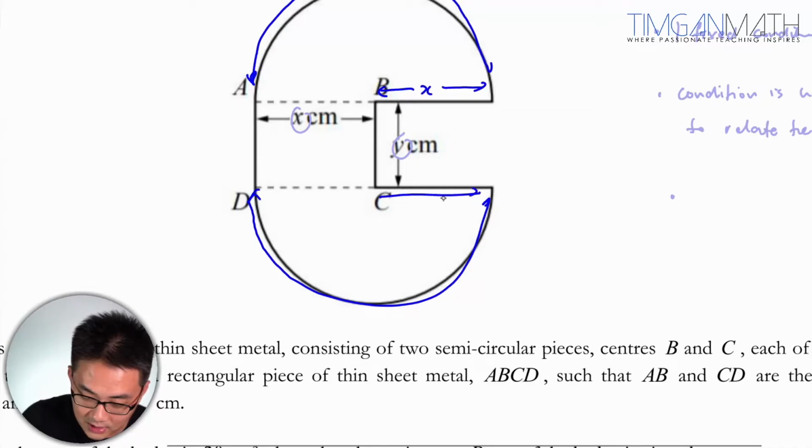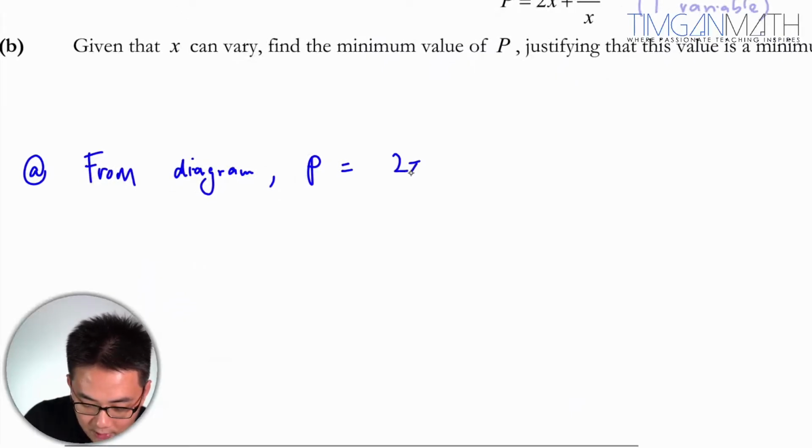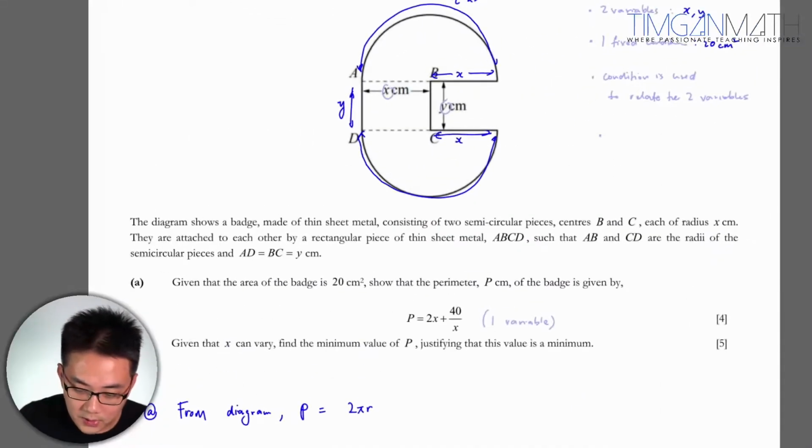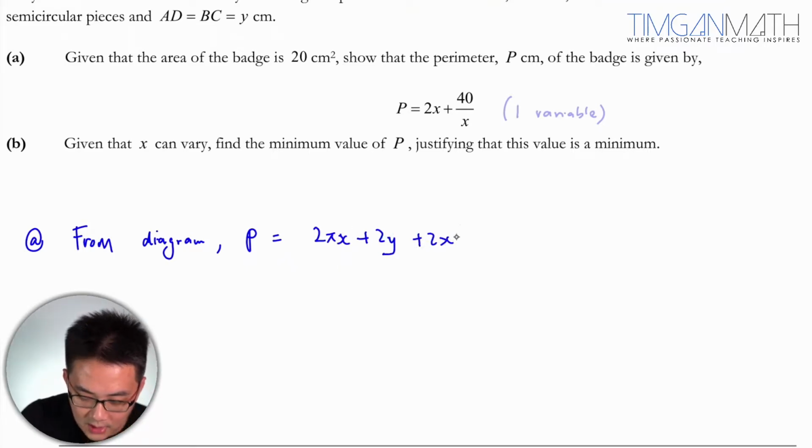After which we have 2y, and then plus 2x. So the perimeter is 2πx + 2y + 2x.